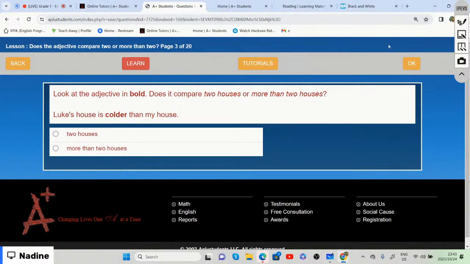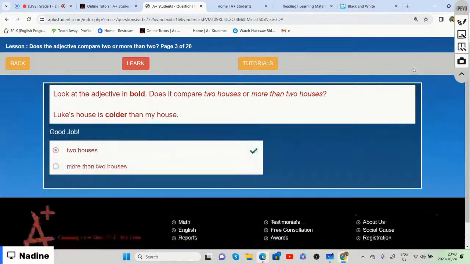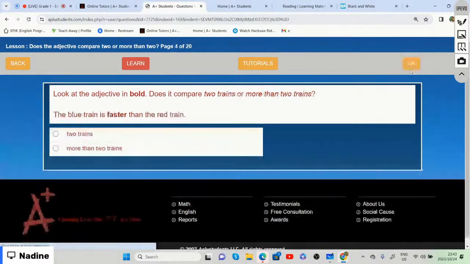All right, so we are comparing Luke's house to my house, which means that we are comparing two houses, and that is a comparative adjective. So well done. Two houses is correct.